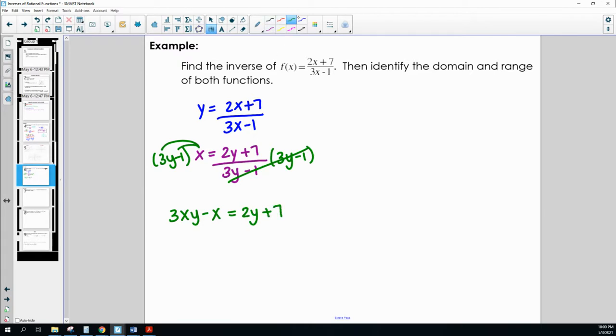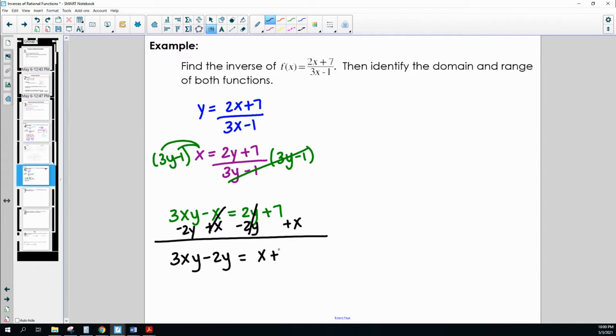So this is going to give us 3xy minus x, and that's equal to 2y plus 7. We want to get all of the y's on the same side and anything that's not a y on the other side. So we're going to subtract the 2y to this side, and we're going to add the x to this side. So what we have now is 3xy minus 2y equals x plus 7. From here, we can factor out the GCF, which is y.